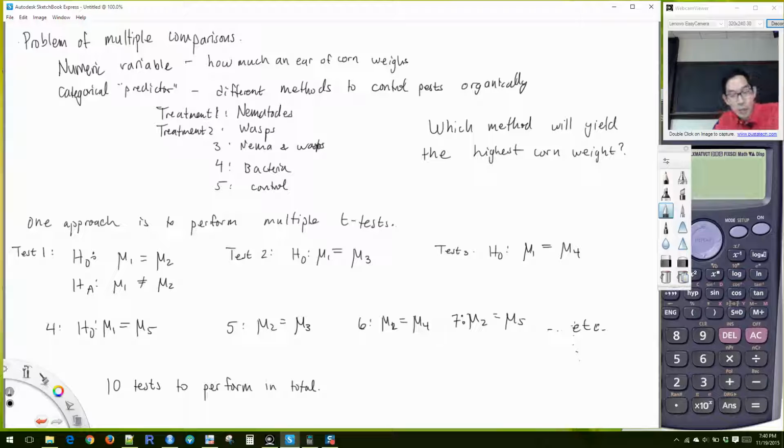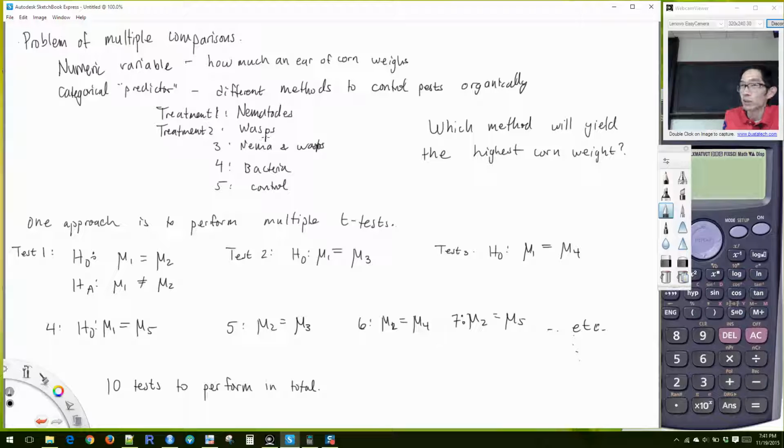Okay, let's talk about type 1 error. So what is a type 1 error? What's that? False positive. Okay, so what would a type 1 error be in the case of test 1? So in test 1, the null hypothesis says that corn yield is the same for nematodes and wasps.